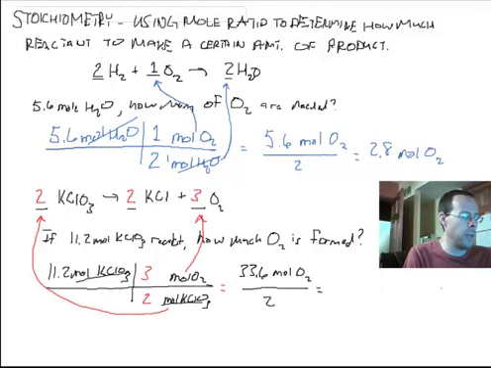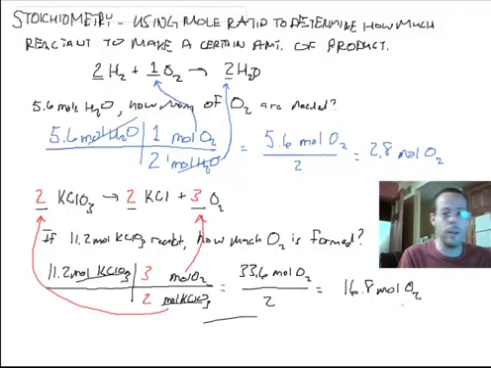We're going to divide that by 2, and we get 16.8 moles of O2. Alright? So that is stoichiometry, just an intro to it. Everything else we do the rest of this unit is going to be based on this, always using mole ratios to find out how much of one thing can produce something else in our equation.